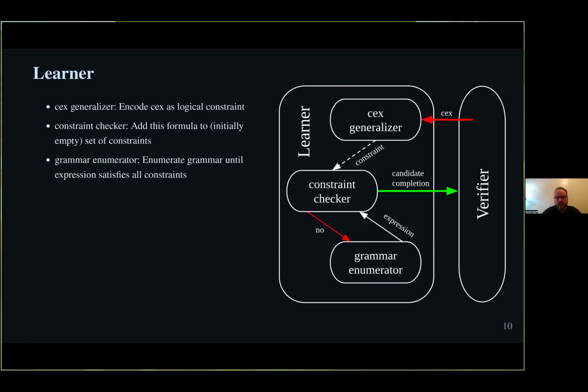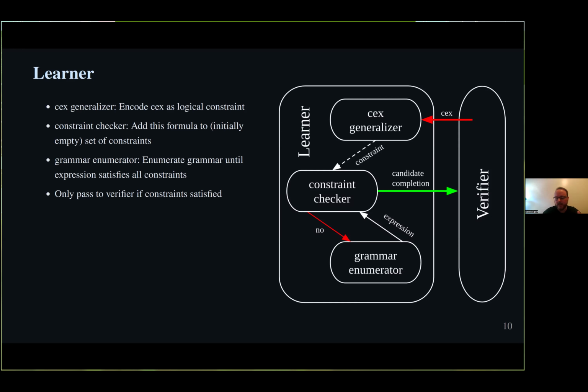And then the constraint checker and the grammar enumerator will work together. The grammar enumerator will just enumerate expressions from the grammar. The constraint checker will check those expressions against the accumulated constraints. And then we're only going to pass a candidate completion to the verifier if it satisfies those constraints that we've accumulated. And what this does is it allows us to avoid a lot of model checking calls, which is a very expensive operation.